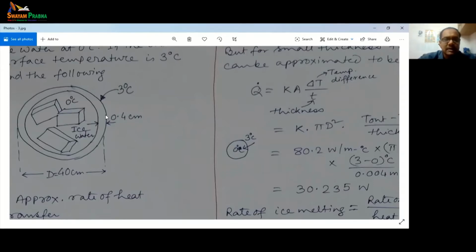And the diameter will be changing as you go from the inside to the outside dia, right? So as the dia is changing, the heat transfer area, or the area perpendicular to the direction of heat transfer, will also be changing.